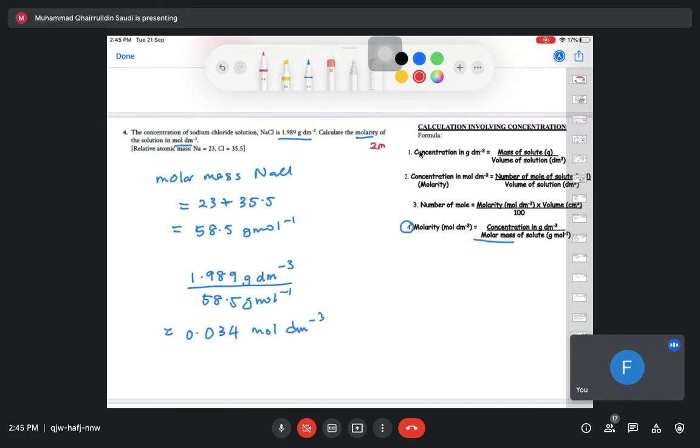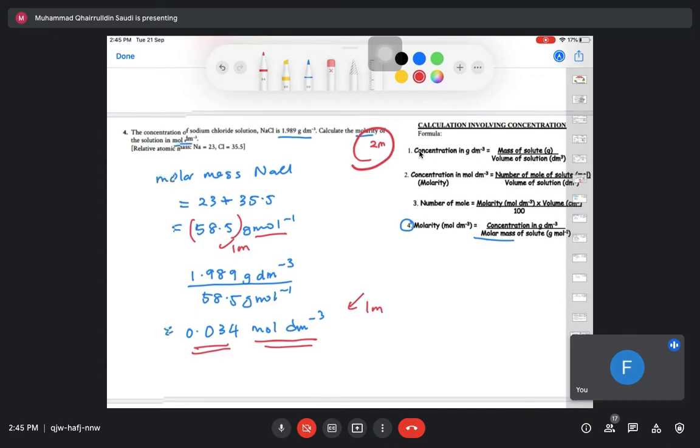Okay, this one is 1 mark. No unit, it's okay. But this final must have unit with correct numbers, 1 mark. Total is 2 marks. Next one, number 5.